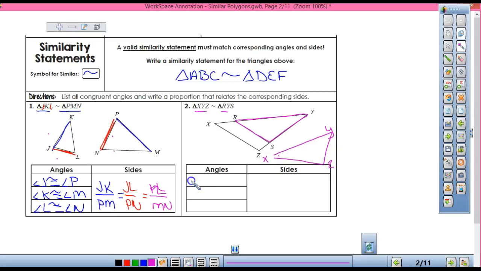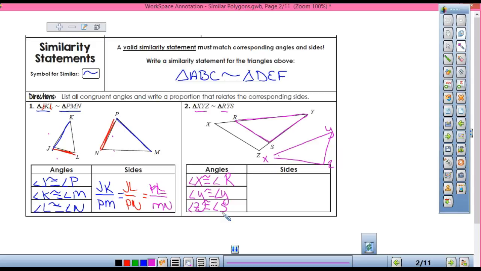Alright, so angle X is congruent to angle R. Yep, because first letter. Angle Y is congruent to angle Y. Reflexive property if we wanted to do that, but I'm not going to make you do that today. Angle Z is congruent to angle S.